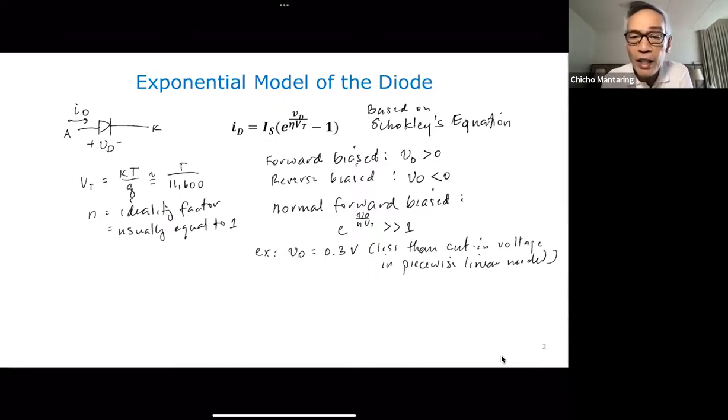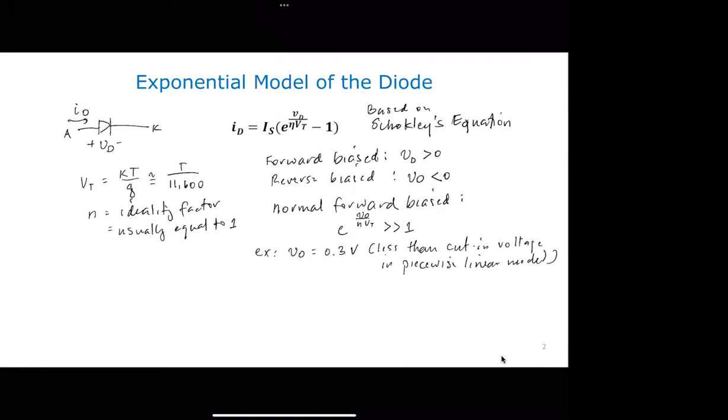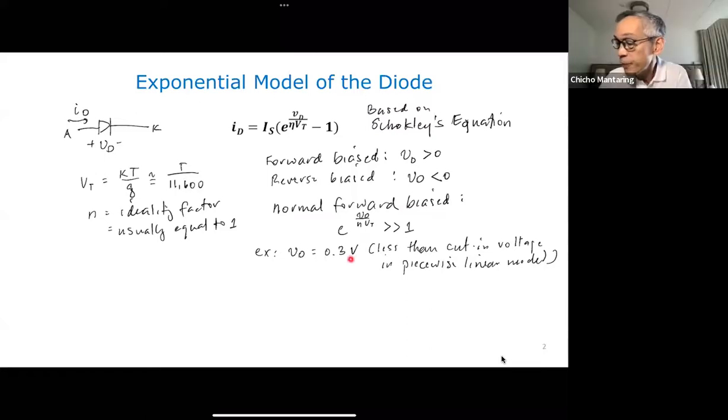So ano yung cut-in voltage sa piecewise linear model? Just so I know that you're still keeping up. What is the cut-in voltage if this is silicon? 0.7, sir. That's right, it's 0.7. So this is even less than the cut-in voltage. According to our piecewise linear model, the current will be equal to 0. It will be non-conducting because it is very small.